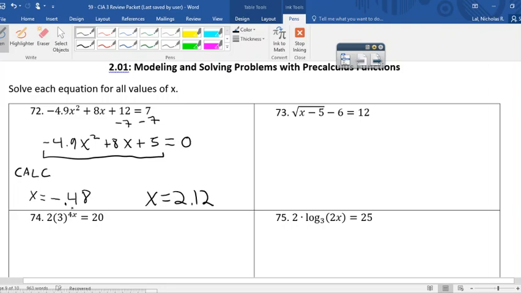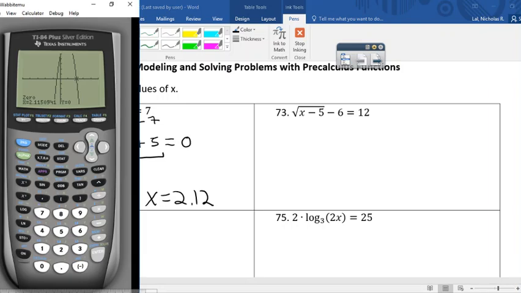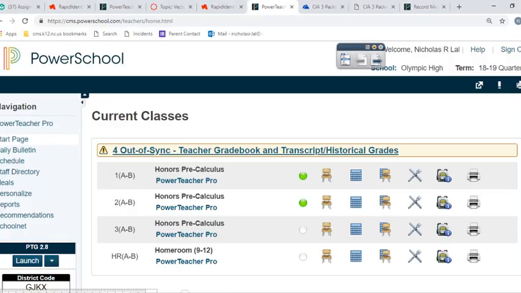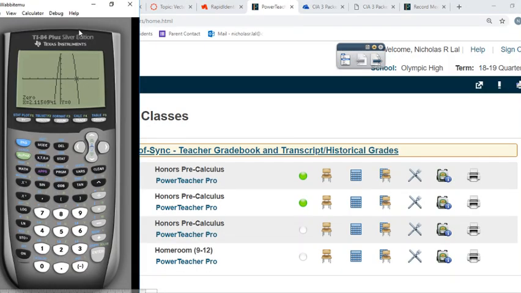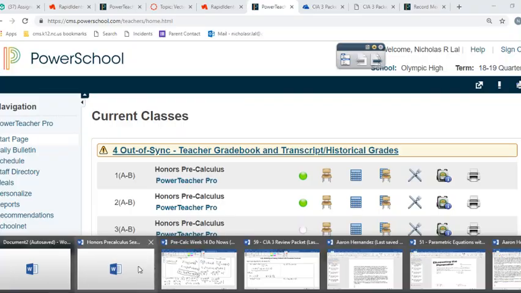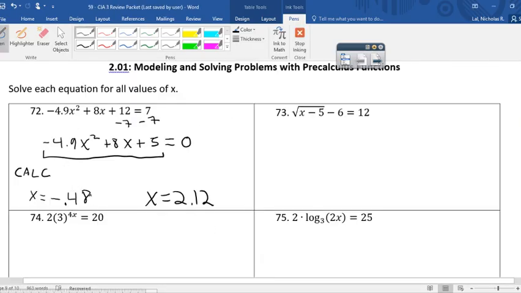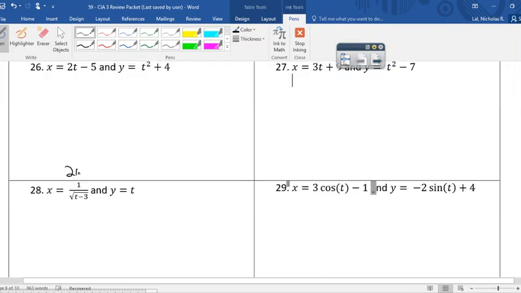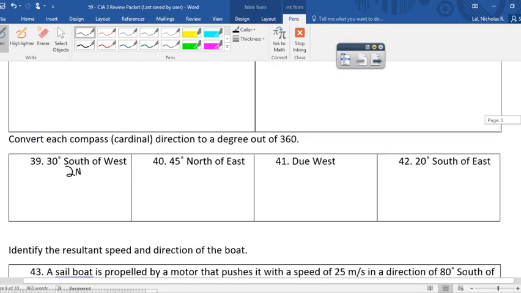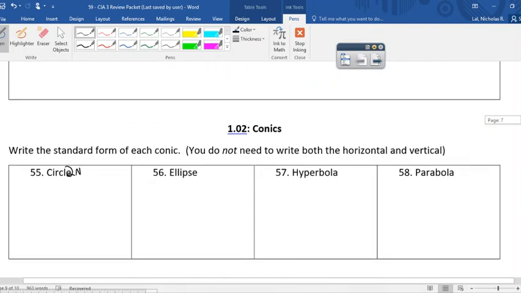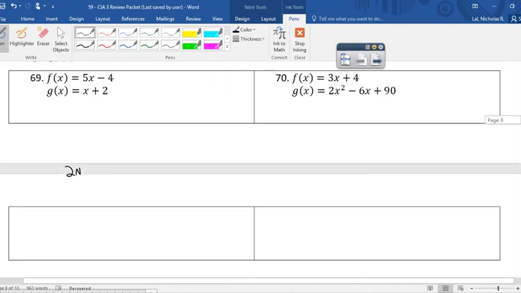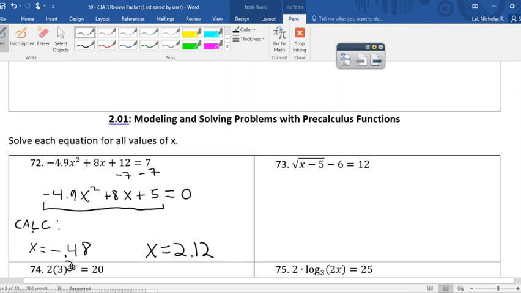In my calculator, I did second calc 0, and then from there I found the zeros.